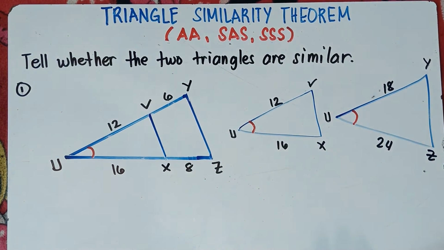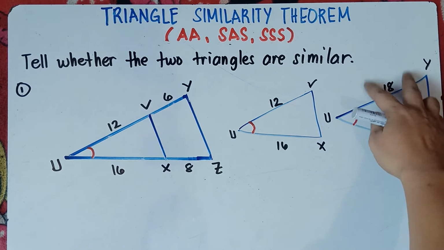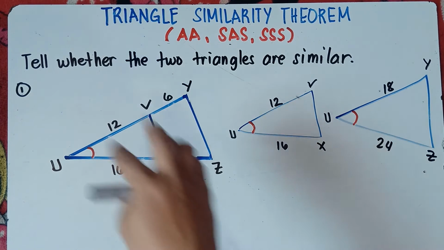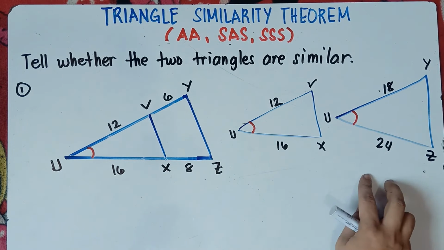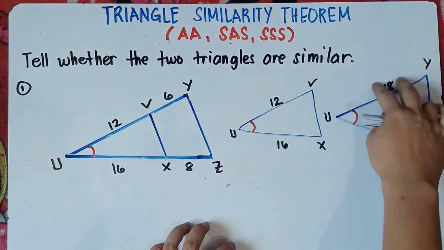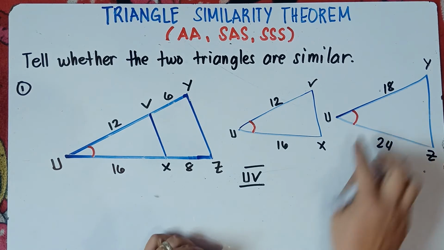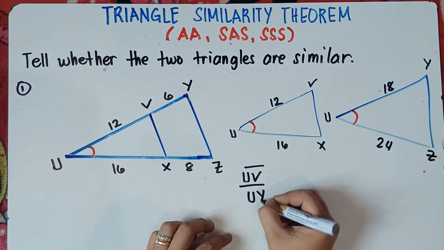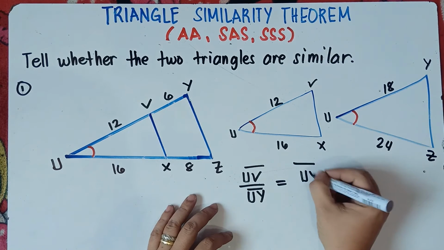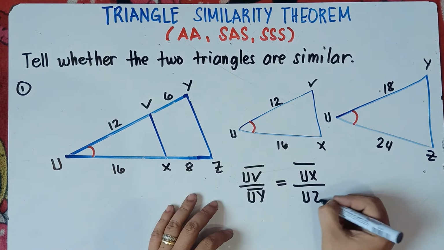So once again, if the ratio of this side over this side is equal to the ratio of this side over this side, and they have the same included angle, therefore these two triangles are similar. So let's check the ratio, class, if they are equal. So line segment UV over line segment UY is equal to line segment UX over line segment UZ.